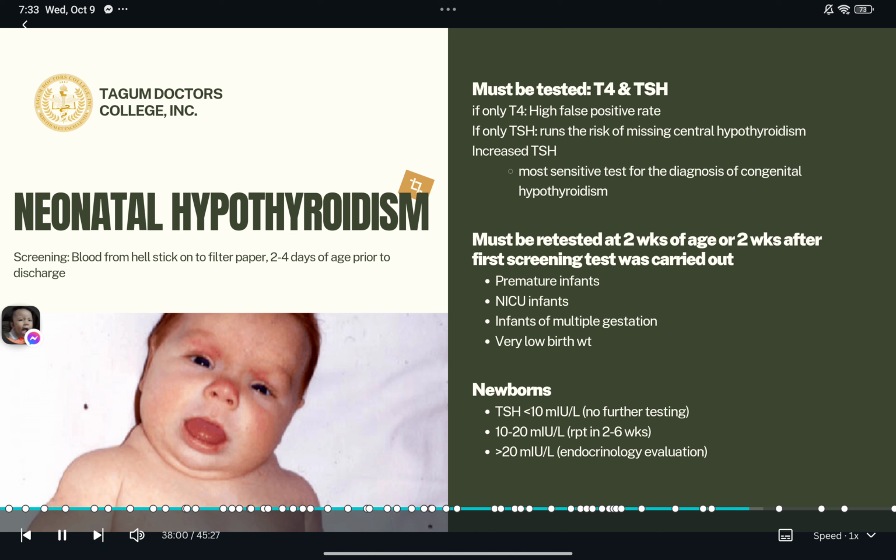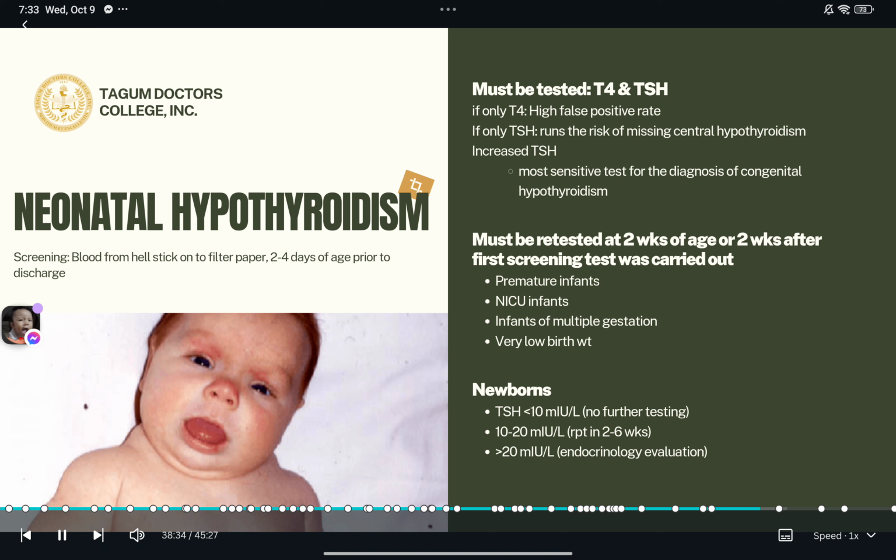Okay, and this is just to ensure na we didn't miss any diseases that could be screened na medyo baba pa ang levels due to their immaturity or low birth weight or anything that could affect the levels of the factors na kanang being tested sa blood.